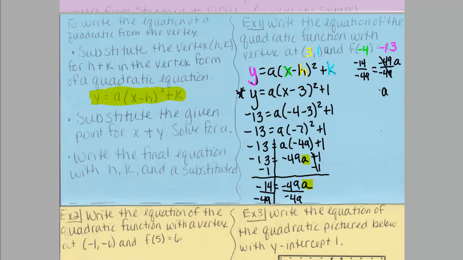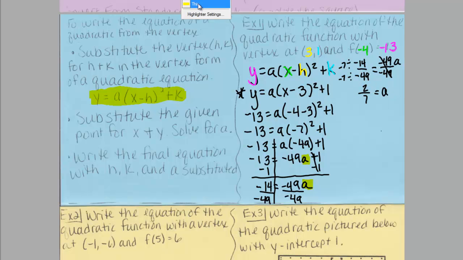And A is now equal to -14 divided by 49. You could do this in your calculator: hit math, enter, enter, and it would tell you what the answer is. But 7 goes into both of these. So divide by 7, divide by 7. 7 goes into 14 twice. 7 goes into 49 7 times. So my A is really 2 over 7.